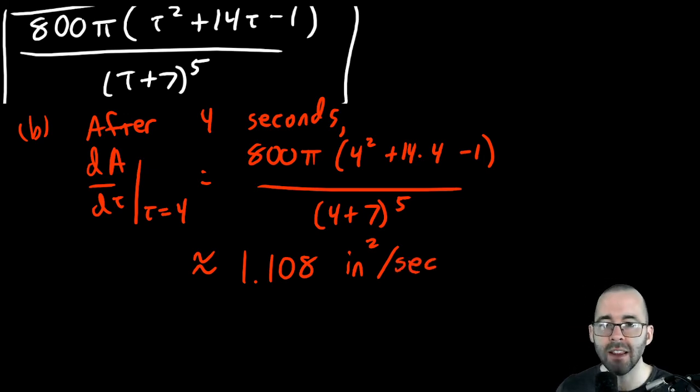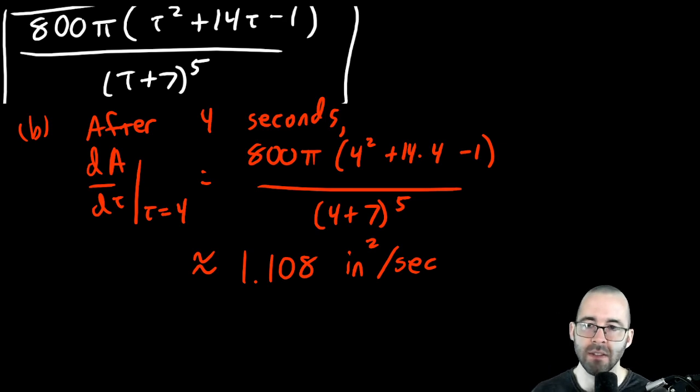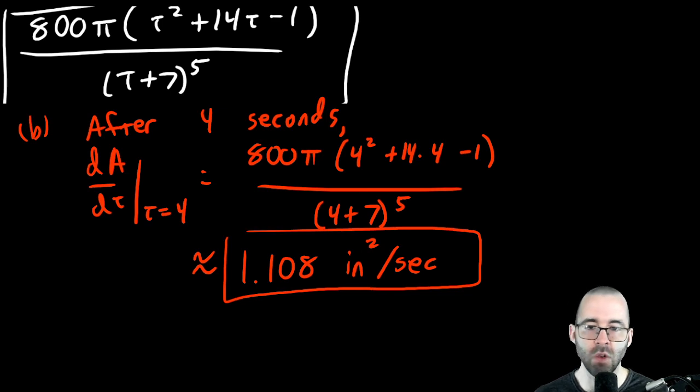With every second that passes, at 4 seconds, the area is growing by about 1.1 inches squared every second. All right, and the area will change at a different rate at different times. But at 4 seconds, this is how fast the area is increasing.